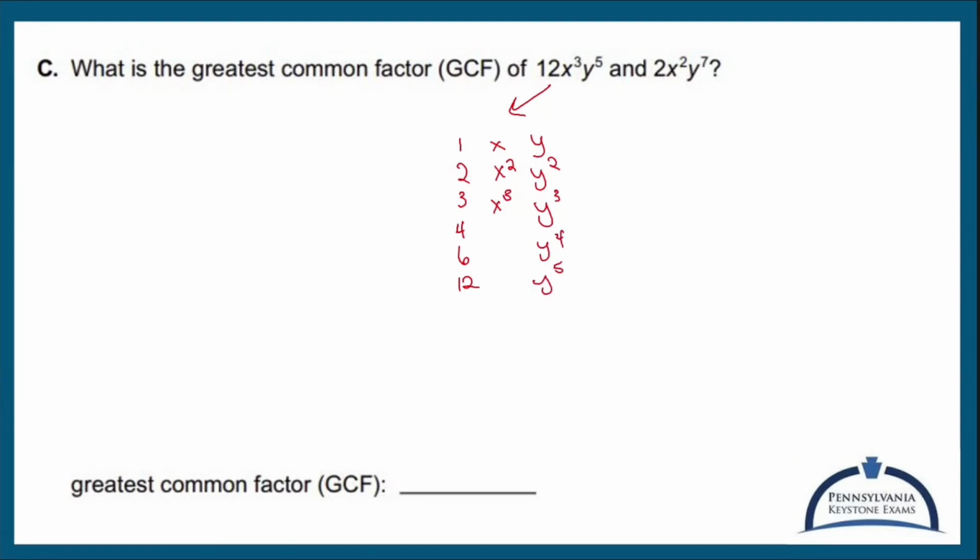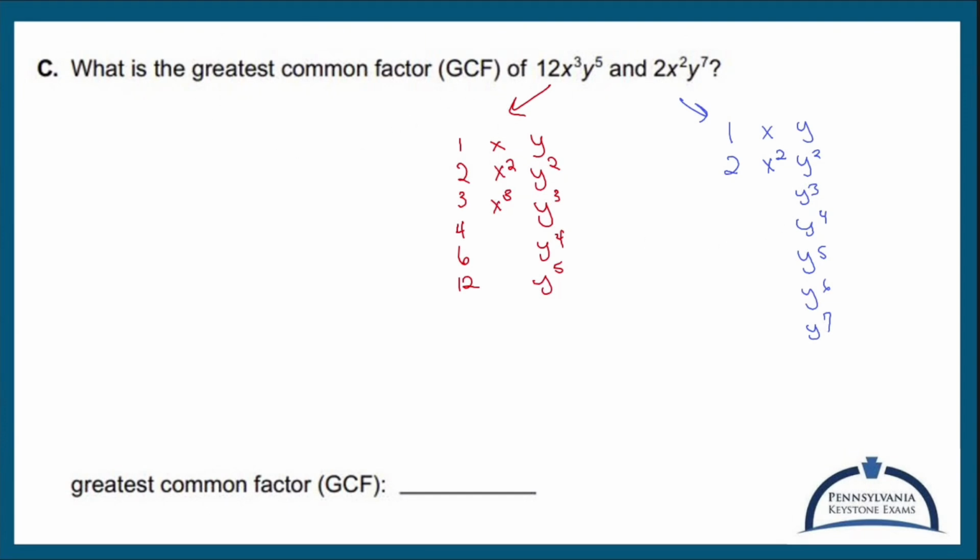Okay? Let's do the same thing with 2. 2 can just be 1 and 2. X squared is just going to be x and x squared, and y to the 7th is just going to be y, y squared, y to the 3rd, y to the 4th, y to the 5th, y to the 6th, y to the 7th.